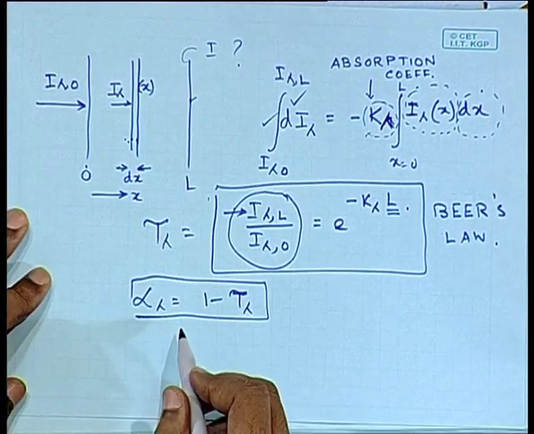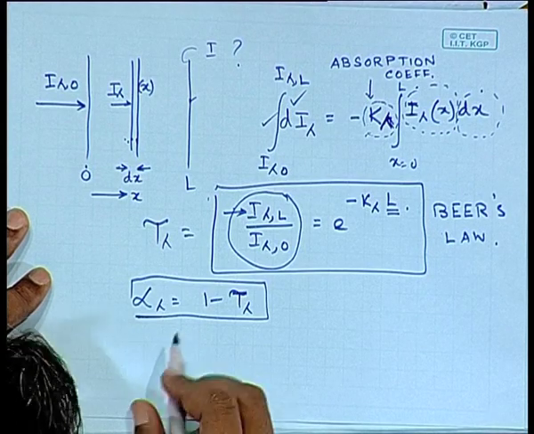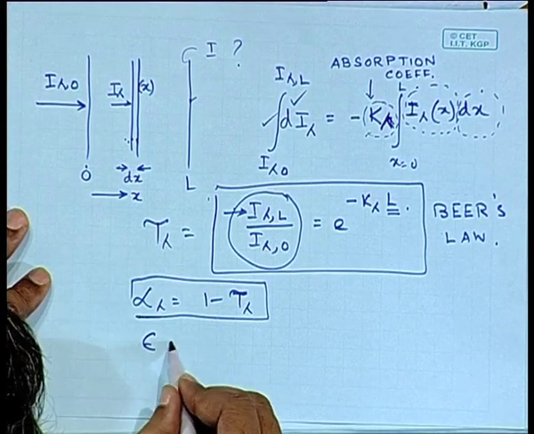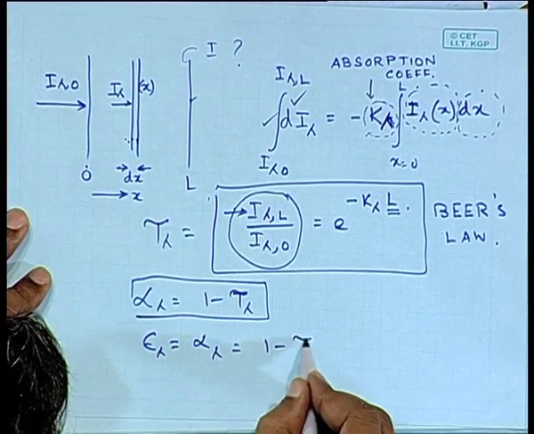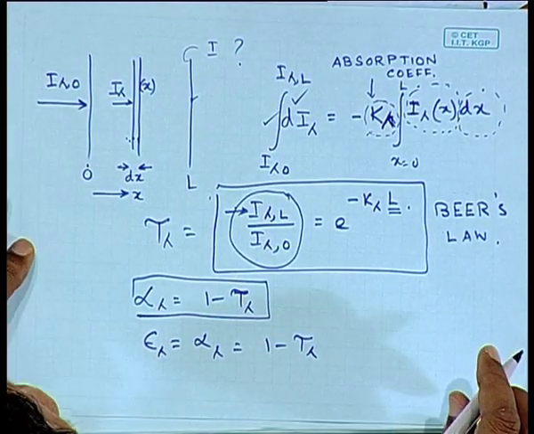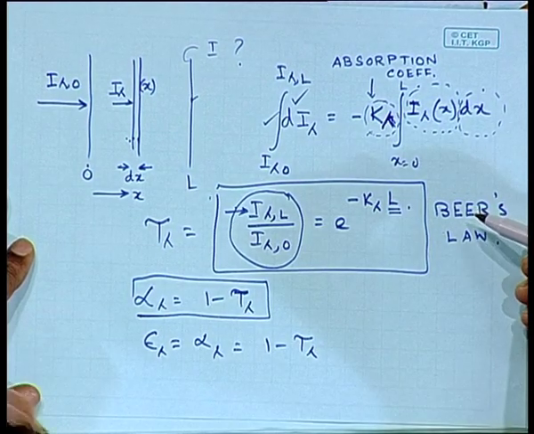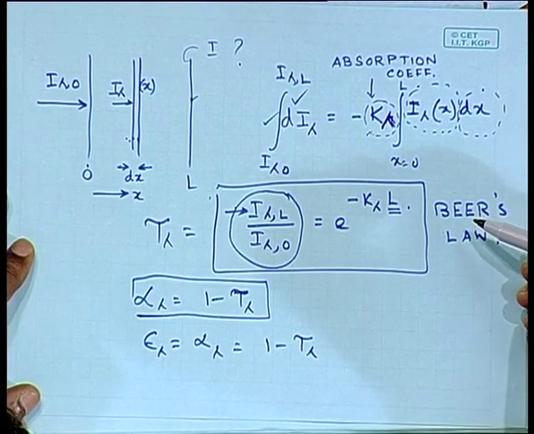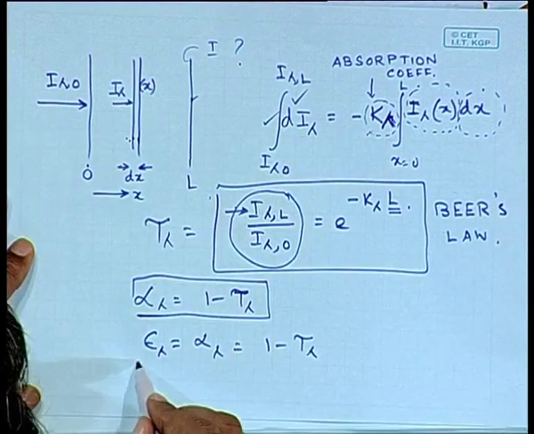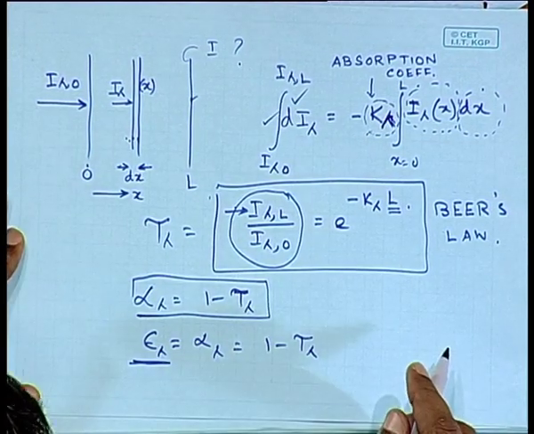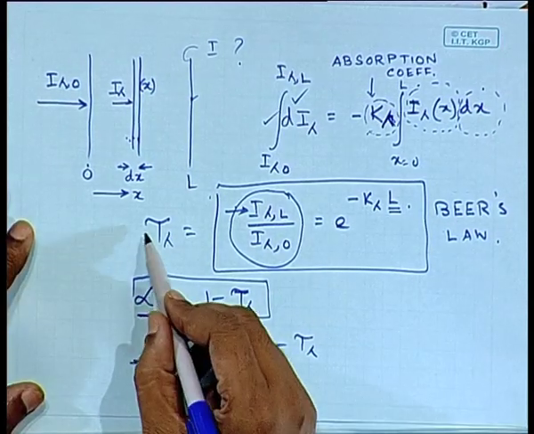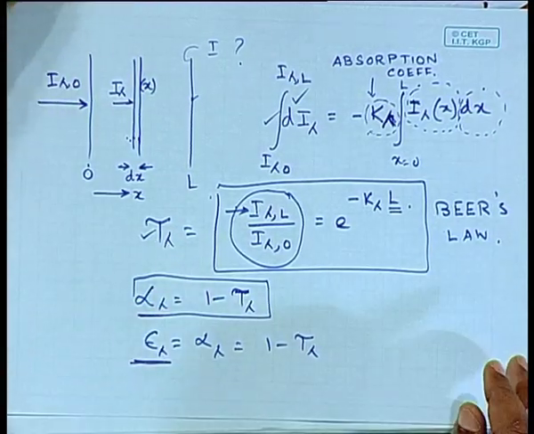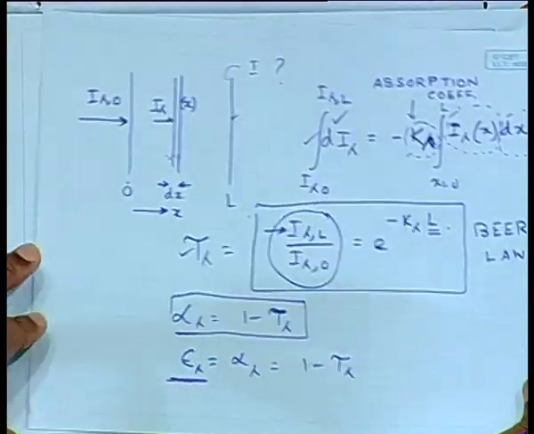And if we think that Kirchhoff's law is valid, then my epsilon lambda would be equal to alpha lambda, and this is going to be 1 minus tau lambda. So Beer's law provides us with an estimate of what's the emissivity of the gas or vapor. Okay. So it not only gives us the transmittivity, you can find out what's the emissivity of this.